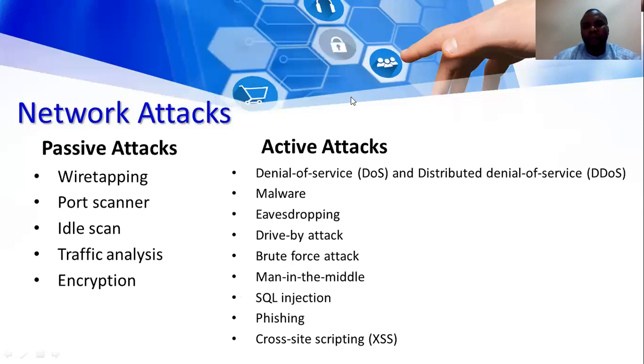Okay, brute force attack, man in the middle, SQL injection, phishing, and then cross-site scripting. Because of time, we will consider only the denial of service, the DOS, and the distributed denial of service in this class. Okay, so let's move on.